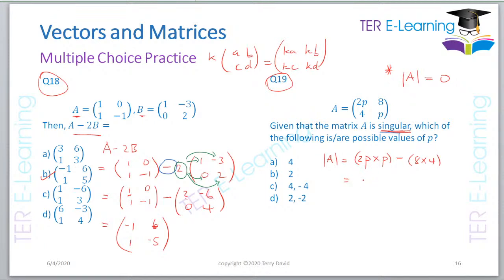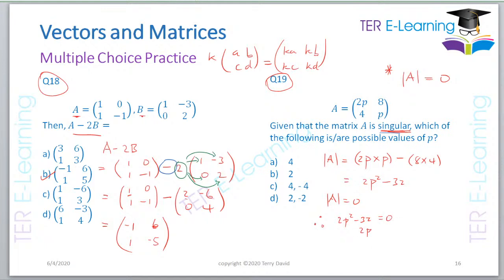So 2P by P gives me 2P squared minus 32. So this here is my determinant of the matrix A. But if it's singular, my determinant is equal to 0. So therefore, 2P squared minus 32 is equal to 0.